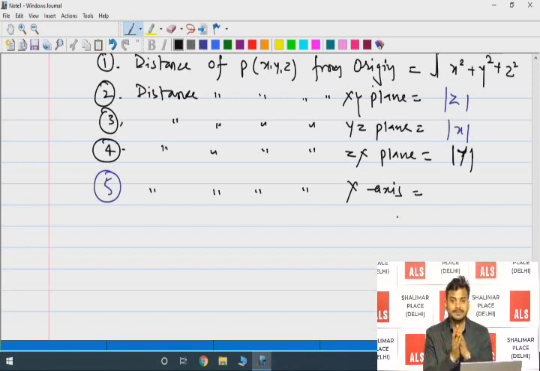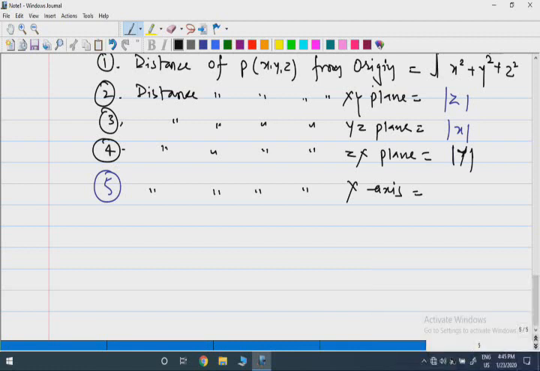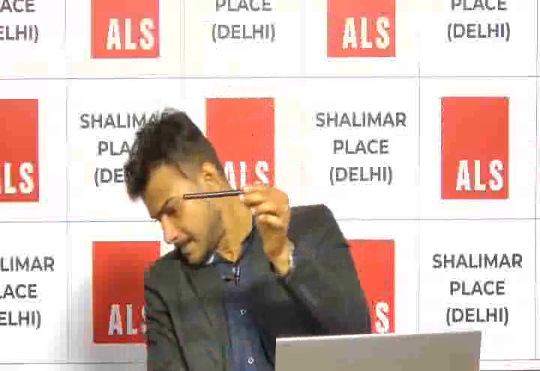Okay, let's see. I'll try to make you think about how you will find the x-axis distance. Suppose this is the x-axis, right? And this is the situation: this is x, y, this is z.